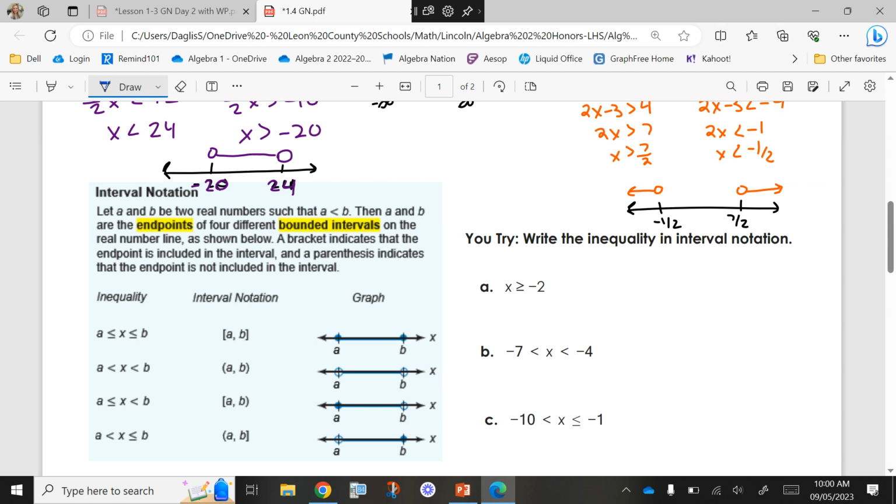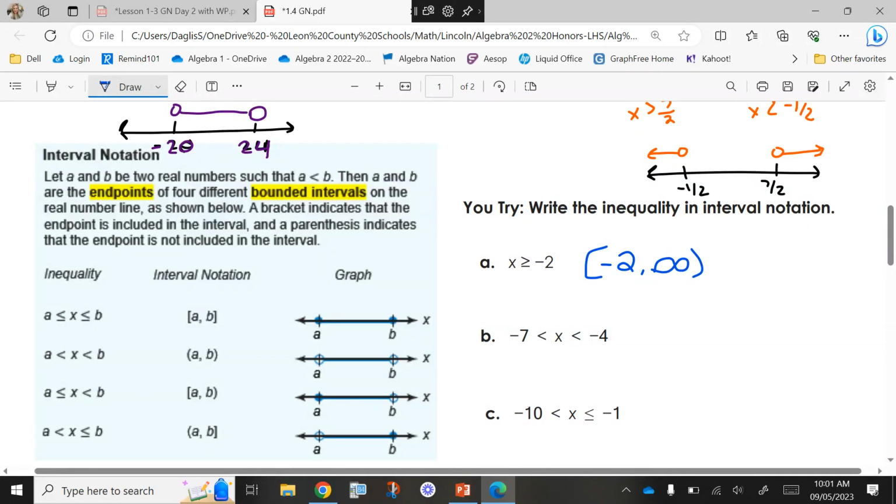What's the lowest value it could be? It could be -2, so we can be equal to -2. And what's the highest value? Technically, it's infinity. So from -2 to infinity shows the interval notation. -2 gets your bracket, and infinity gets the parenthesis.